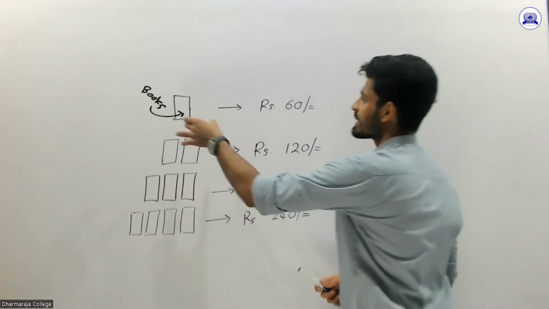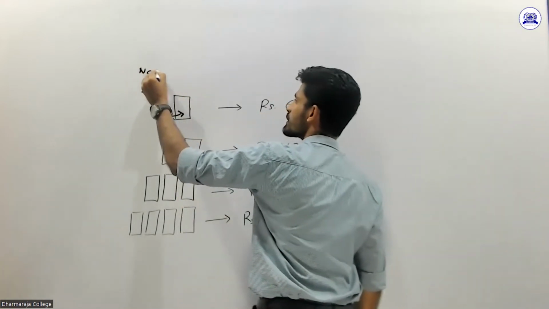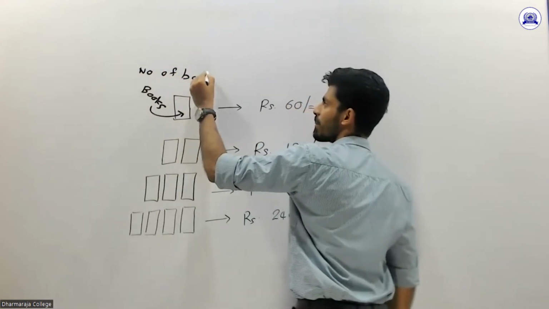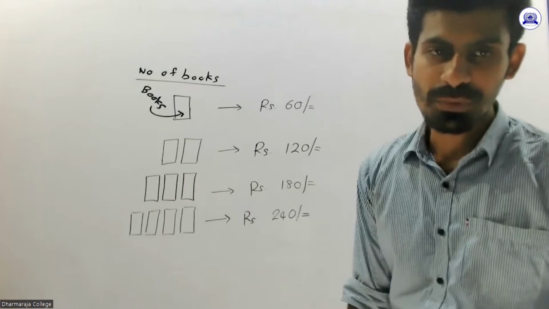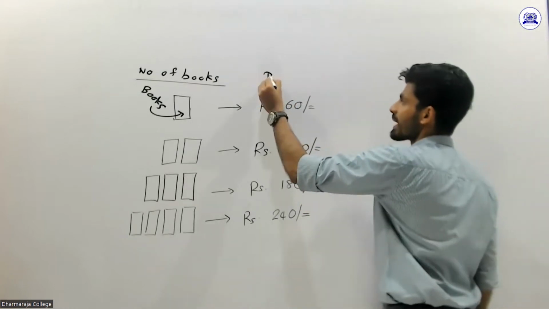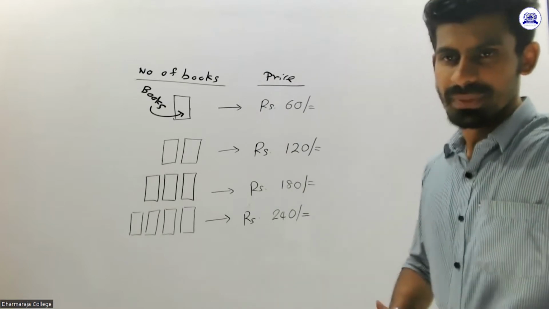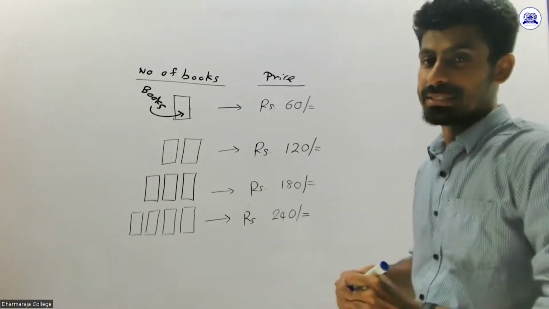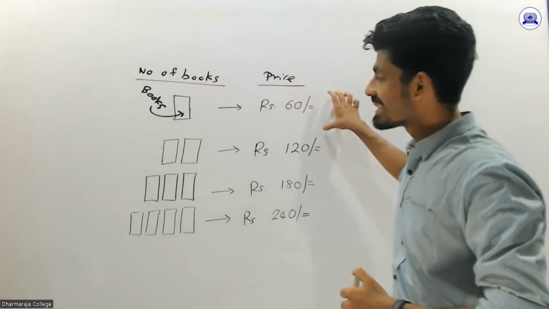So you can take the number of books on this side and the price on this side. One book, 60 rupees.